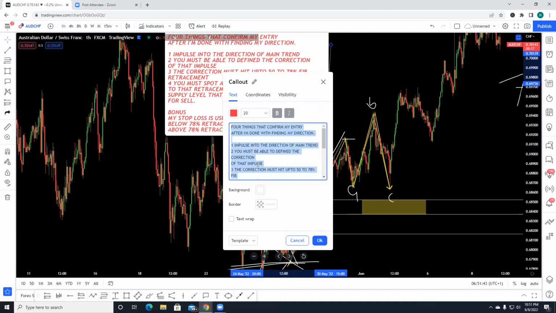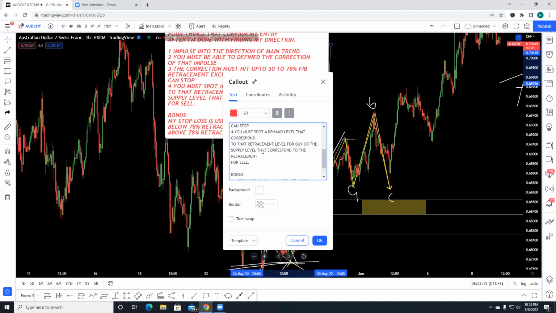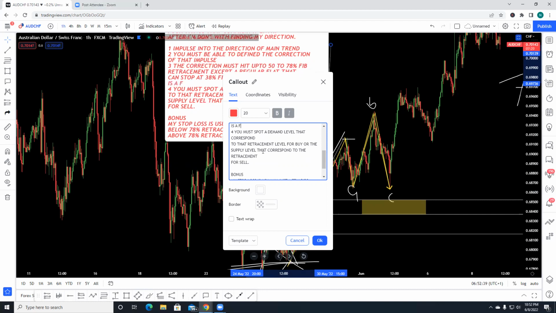Must hit 50 to 61.8 fib retracement except a regular flat that can stop, guys, at 38 fib retracement because it is a flat correction.